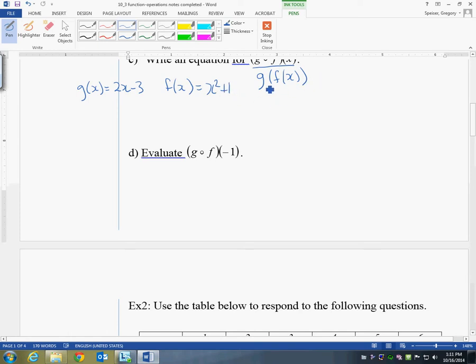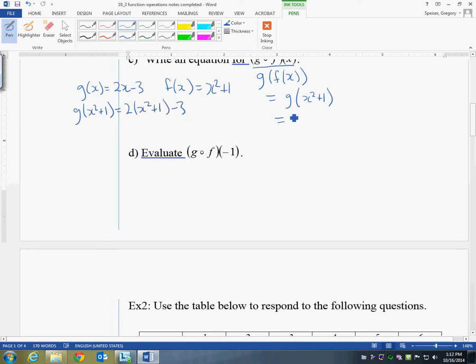So, all right, that equals g of x squared plus 1, and now this is where I can think of this over here. Mentally, at some point, if you get stuck in this, you can think, oh, okay, I have to put x squared plus 1 here, everywhere where you see an x in your original definition of the function.